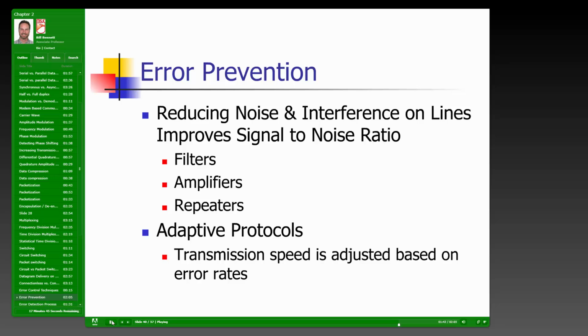It could be that an electrical storm moved into the area in the middle of transmission, and that's going to generate more noise or interference on the wire and interfere with the signal, and so cause more errors. The adaptive protocol can recognize that and reduce the transmission speed to make sure that it's more error-free.